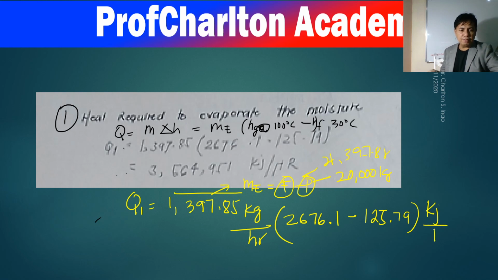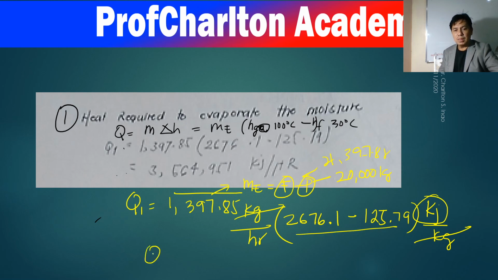Now the unit of enthalpy as an energy is kilojoule per kilogram, the ability to do work per unit mass. So kilogram and kilogram cancel out, and all that will remain is kilojoule per hour. If we multiply 1,397.85 by the difference of these two, that is Q1, the amount of heat needed to evaporate this mass flow.